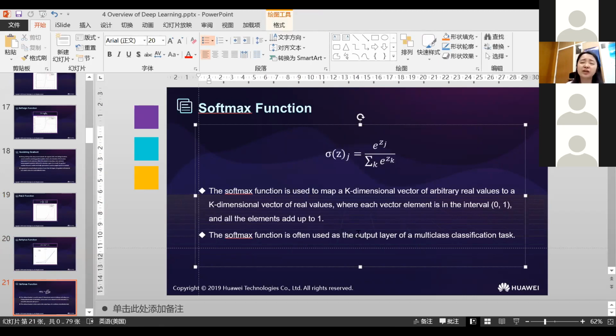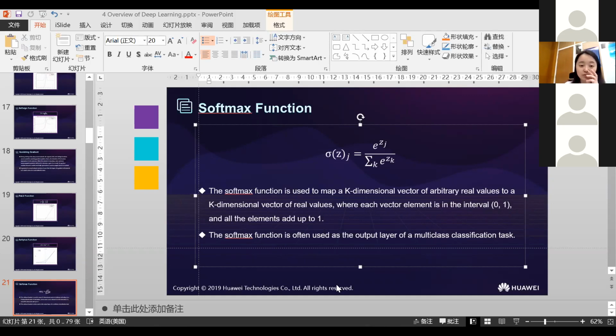It can map a k-dimensional vector to another k-dimensional vector, but the feature of this output vector is that the elements would be in the interval 0 to 1. And if we add all elements together, the sum will be 1.